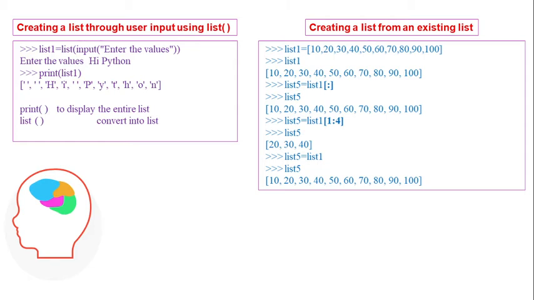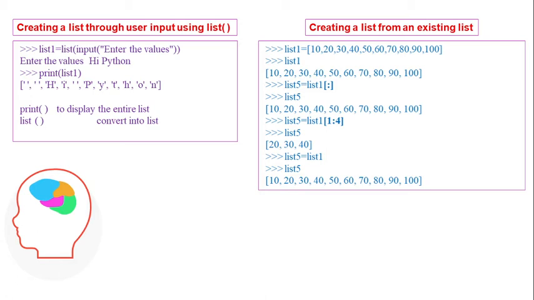Or we can simply say we are copying. We are creating a new list by copying values from an existing list. So list5 equal to list1[:]. You know what colon is? It will copy all the elements of list1 to list5. So list5 prints all the elements of list1. It's already transferred to list5, it became its own element. Nothing issue in it.